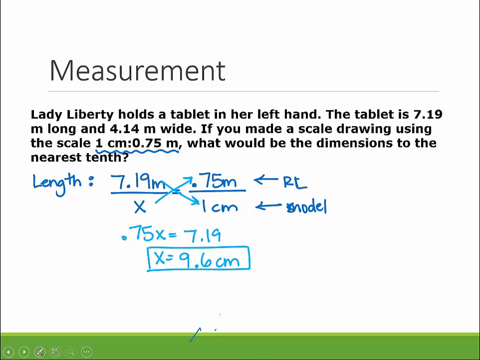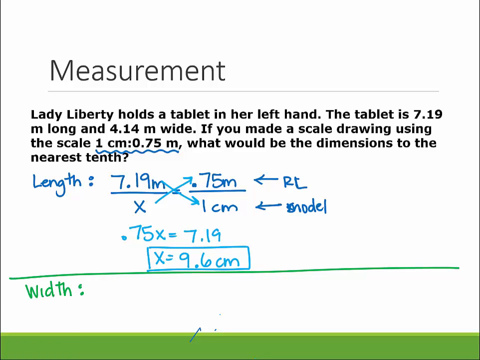And then we have to figure out the width, since this had 2 dimensions. So our proportion is going to look almost exactly the same, except for the 4.14 meters. Our scale is going to be exactly the same. If we find our cross products for this one, our equation almost looks the same, except for the 4.14, but we'll solve the exact same way.